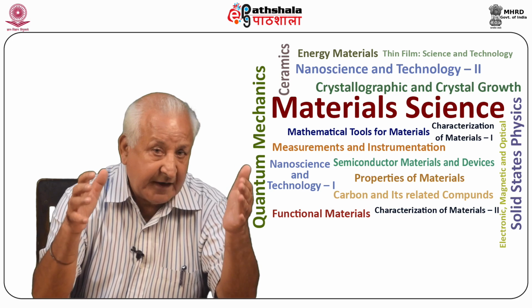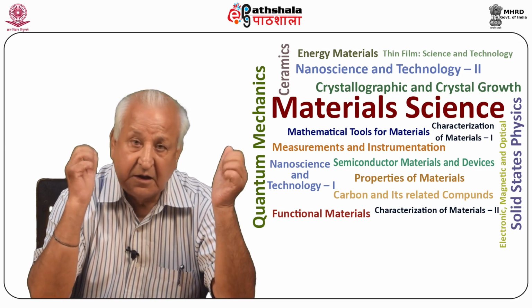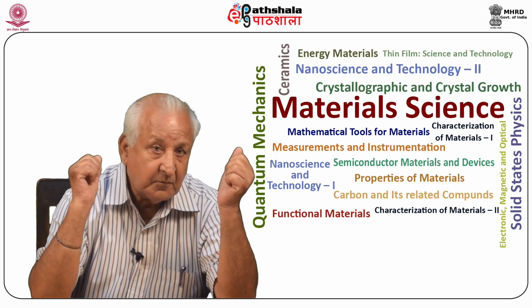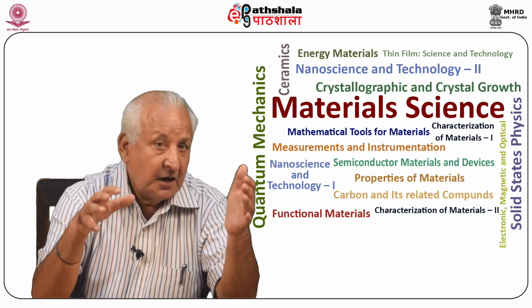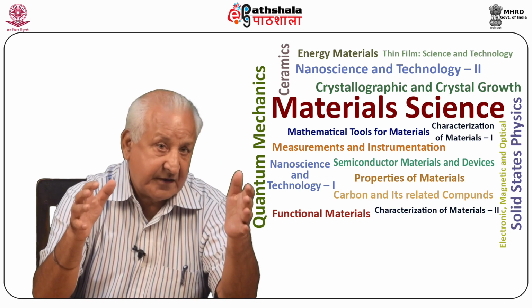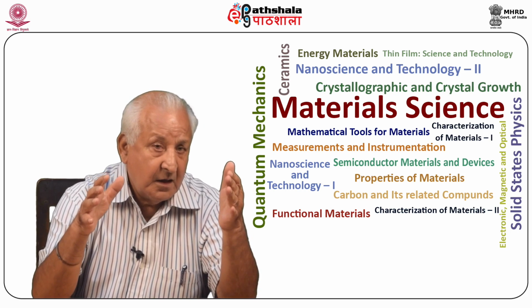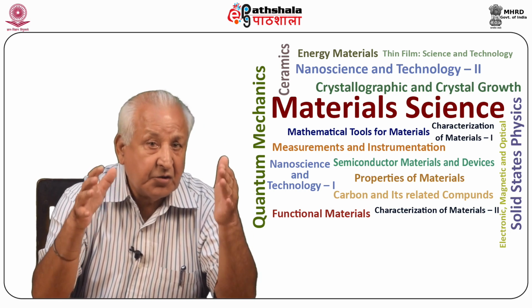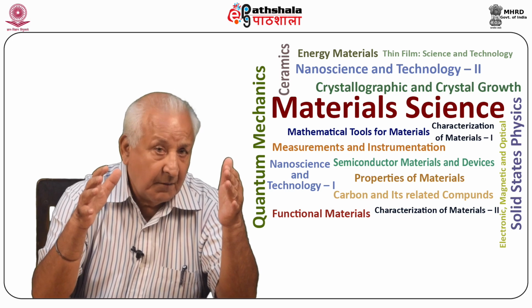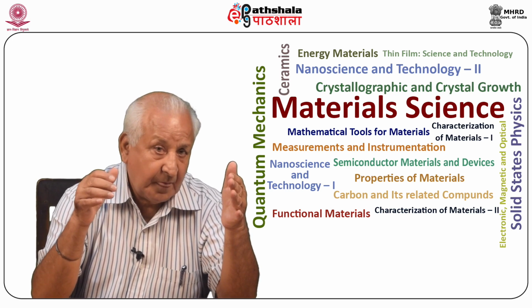The types of defects that fall under this category include the following. Number 1, simple vacancy, or what is called a Schottky defect. Number 2, Frenkel defect. Number 3, anti-Schottky defect. Number 4, substitutional impurity atom.